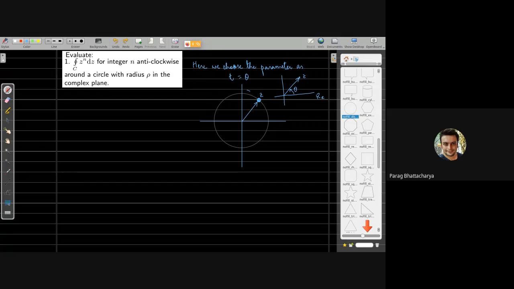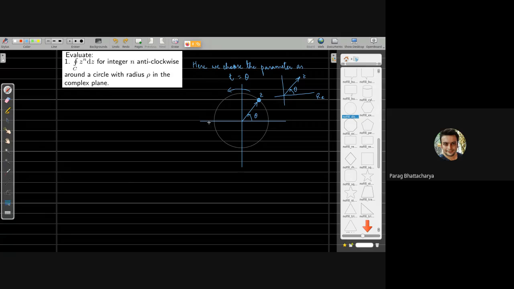As I move in the anti-clockwise direction, this theta is going to increase. Anti-clockwise is the direction which is taken as the positive direction. Clockwise direction will be taken as a negative direction because theta will decrease.